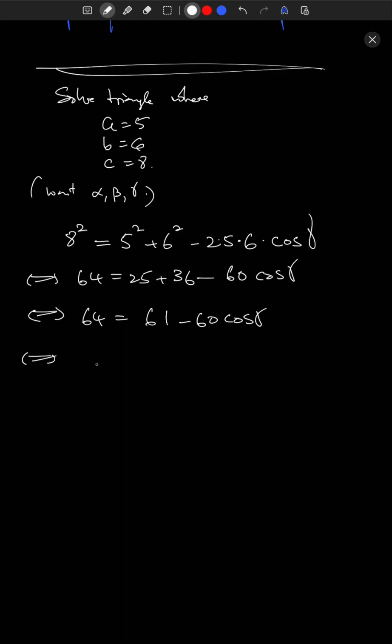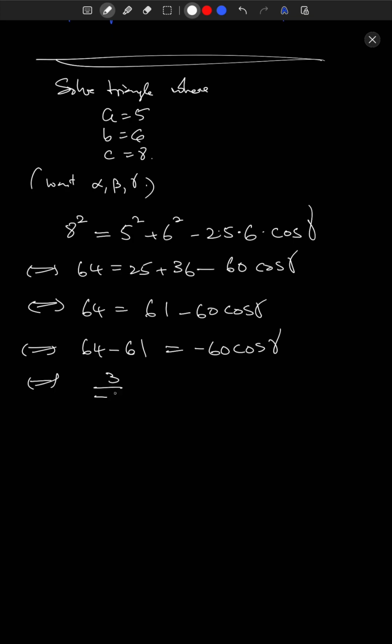And so 64 minus 61, which is equal to minus 60 cosine gamma. And so we end up with 3 over minus 60 equals cosine gamma.